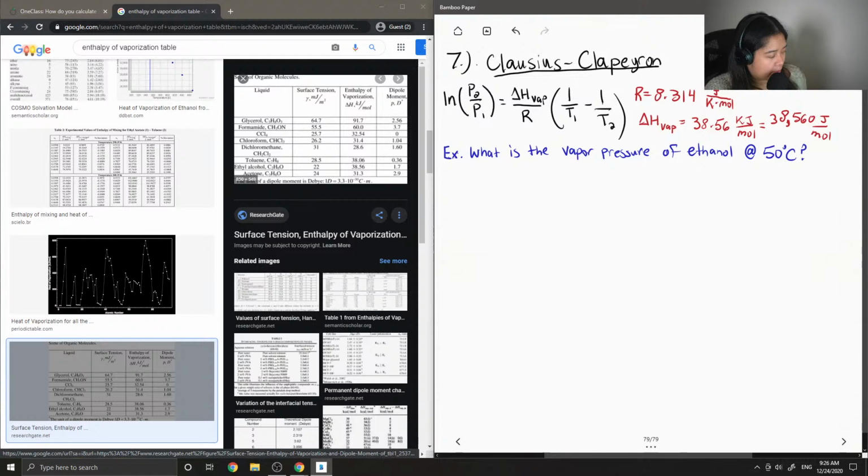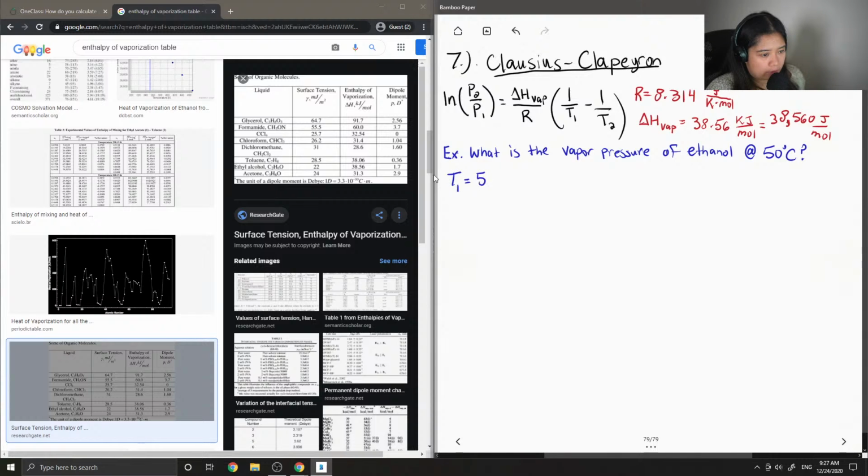Okay, so now that we have those two constants, I also want to convert 50 degrees Celsius to Kelvin. T1, which is T initial, is equal to 50 degrees.